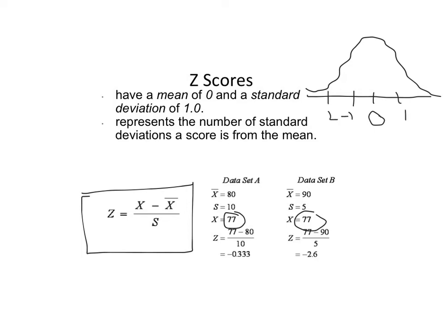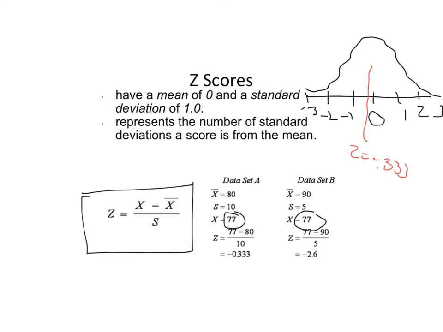So if I plot these scores, now I want to put the person in data set A. I calculate their z-score. I take 77 minus the mean of 80, and then divide by 10. What I have here is a z-score of negative 0.333. So they're going to fall somewhere around here, z of negative 0.333.